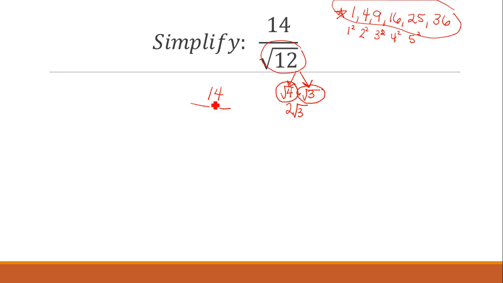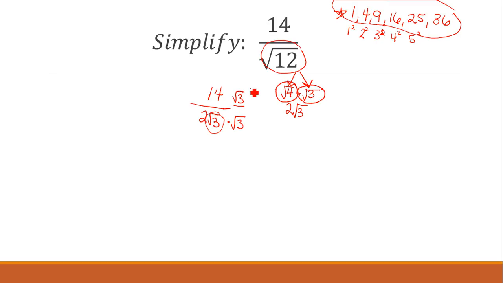So far I have 14 over 2 square roots of 3. What's nice about this answer is that we've broken apart that 12. What's not so nice is that we still have a square root of 3 down here in the bottom of this fraction. We can't leave a radical in the denominator, so we need to multiply the denominator and the numerator by that square root of 3. This is called rationalizing the denominator.